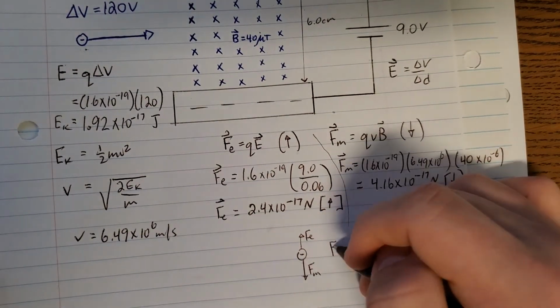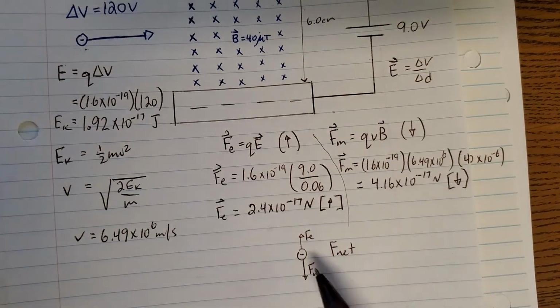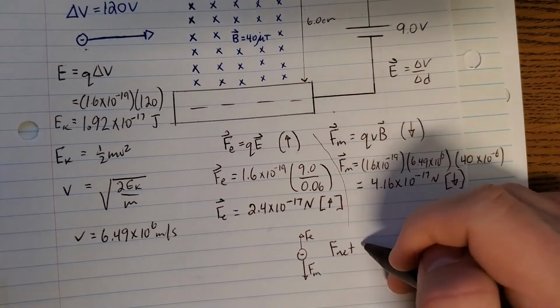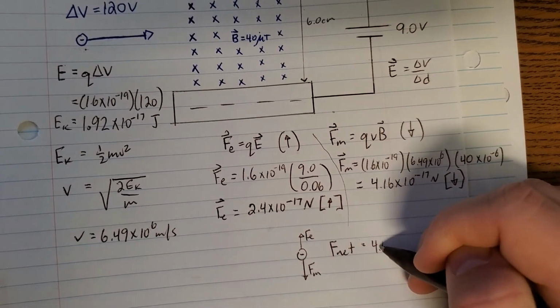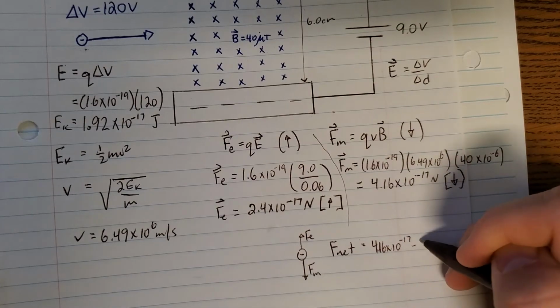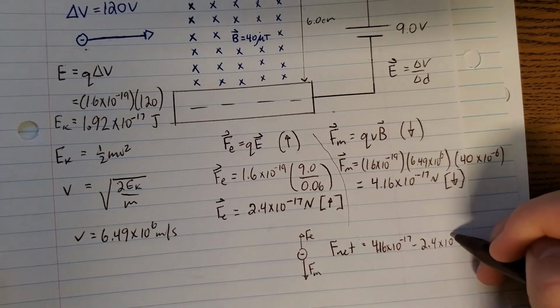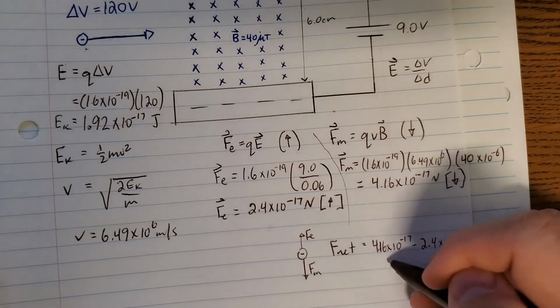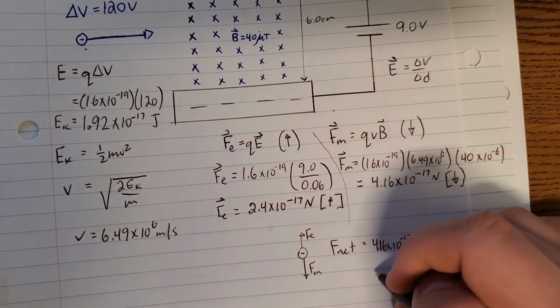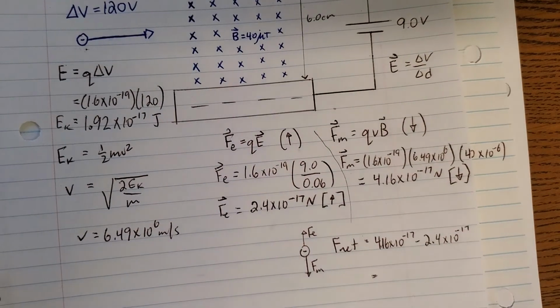The net force, well, we'll just combine them. I'm going to look, the magnetic force is greater, so I'm going to say it's 4.16, subtract the electric force, and it's going to be down, right? It's down minus, well, down plus and up, but it's down minus up.